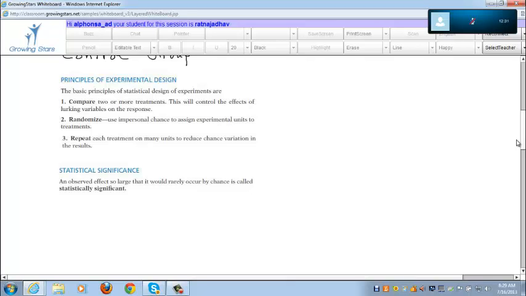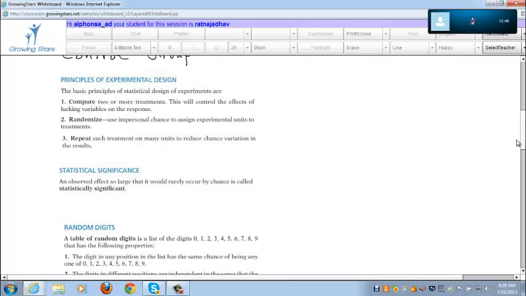Then how to randomize? So to randomly select a group, we follow this method.